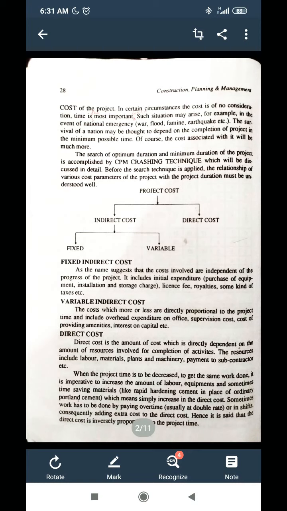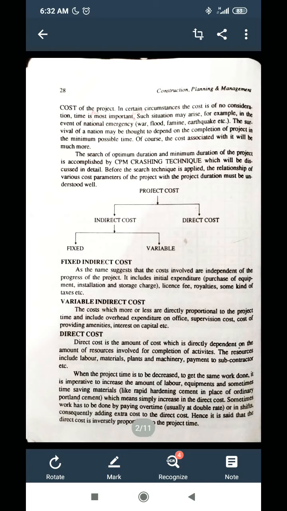Next we have the direct cost. Direct cost is the cost which is directly dependent on the amount of resources involved. That means if we want the project to be completed in less time, then we need to put in more resources.